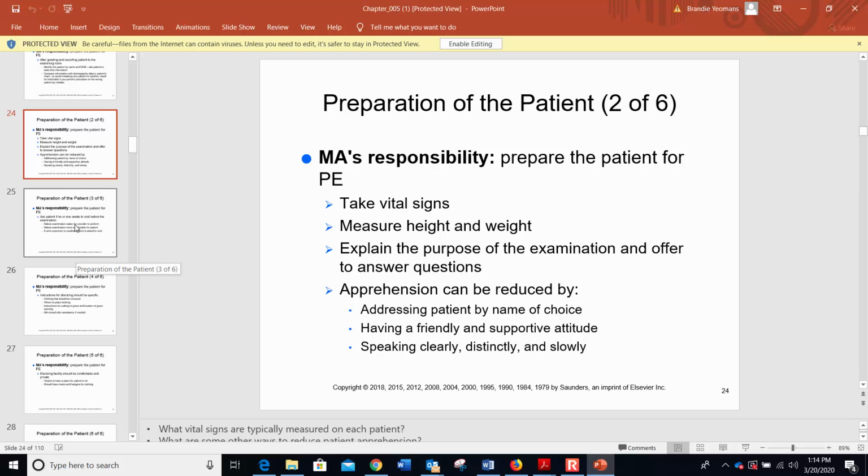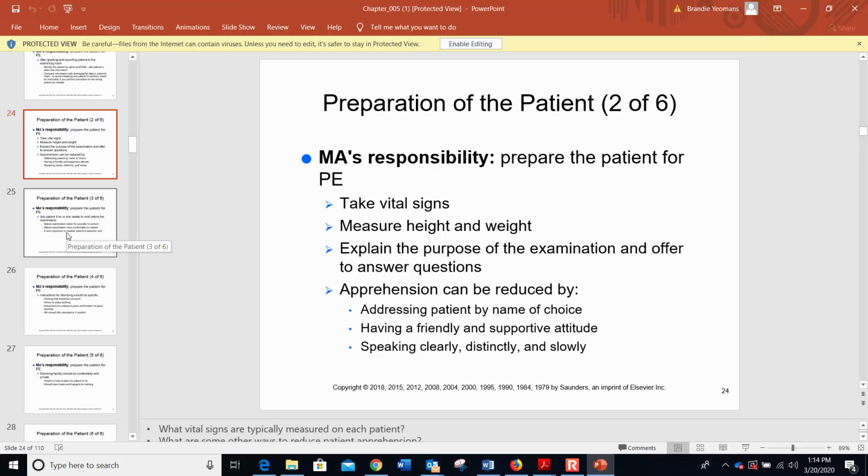Okay? So here on this slide it says the apprehension can be reduced by addressing the patient by their name of choice, having a friendly and supportive attitude, and speaking clearly, distinctly, and slowly. Y'all know we don't have too much trouble with people speaking slowly here in the South, but there are a lot of people that speak very quickly.